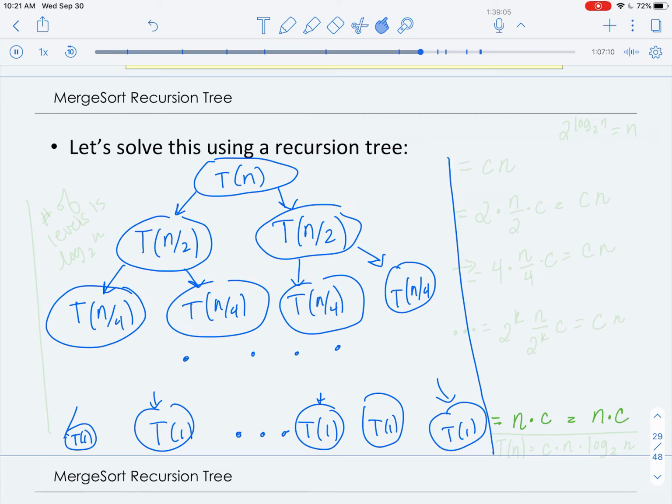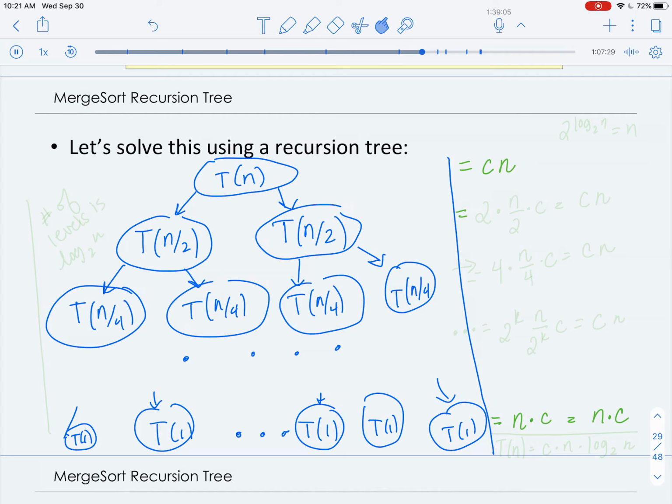Now, you'll notice that if we look at the tree a little bit higher, for the top recursive call, we have to do a linear amount of work. So I'm just going to call this some constant. Also, we're not being so careful about the constants, but we can use different ones or the same, it doesn't really matter.